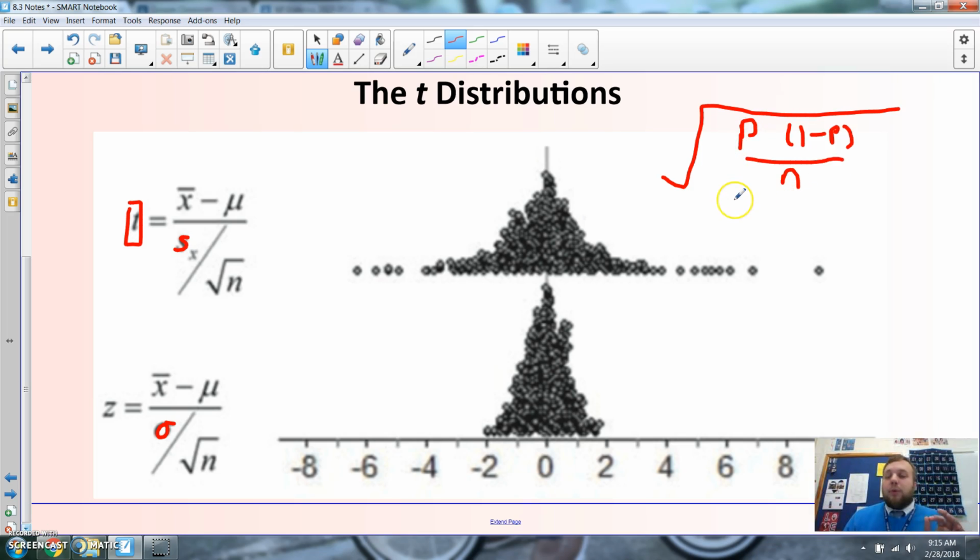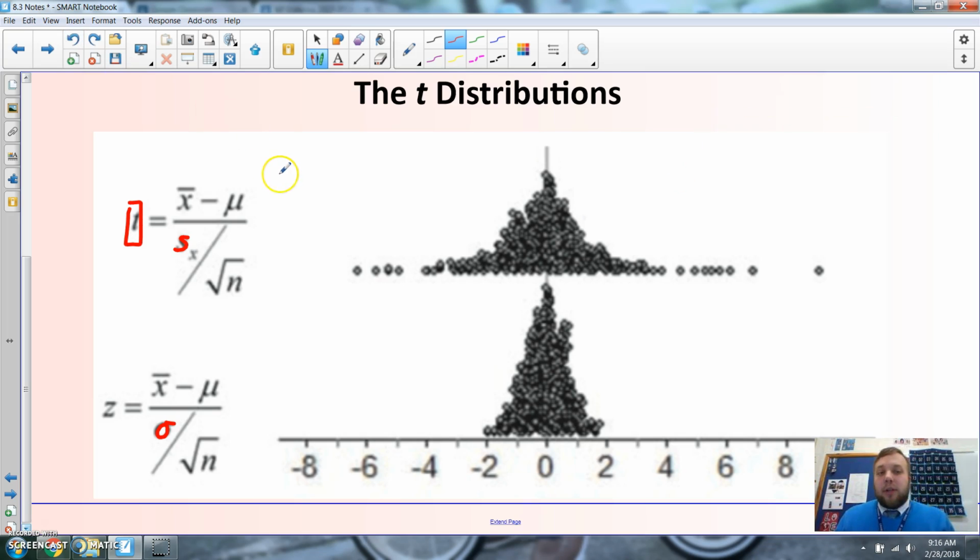So we will never, ever have to use a t-distribution for percentage problems. Percentage problems, we don't ever have to worry about standard deviations, because we can actually find the actual amount by using our data. So, the only time we have to worry about t-distributions is when we're dealing with means.